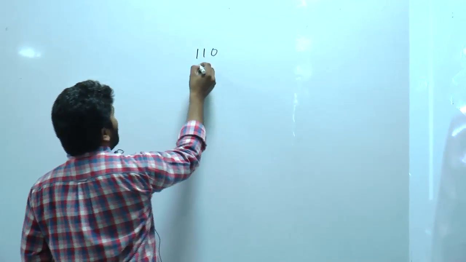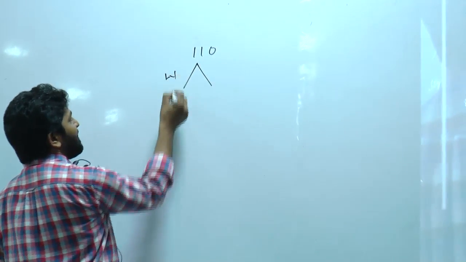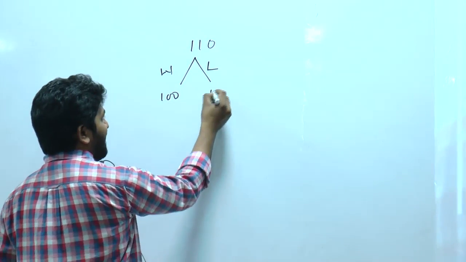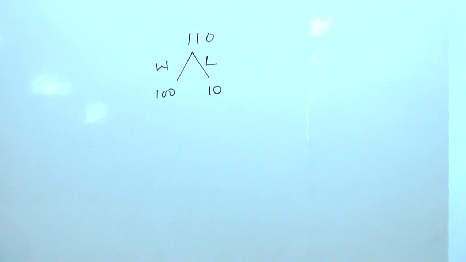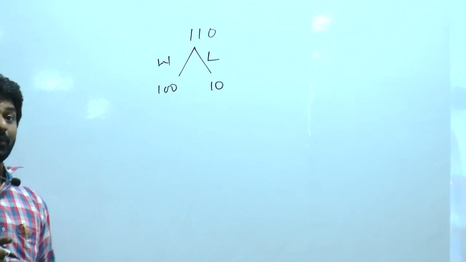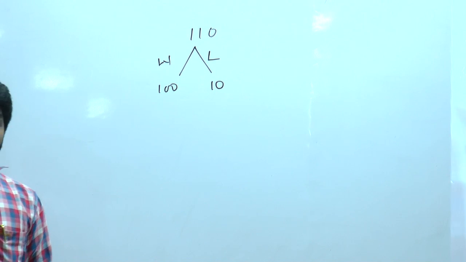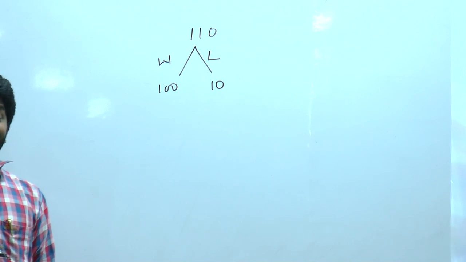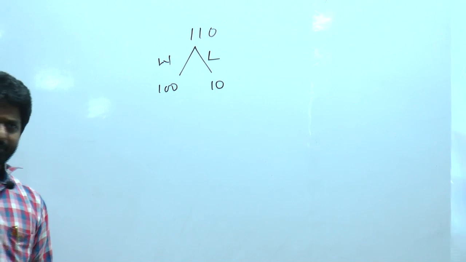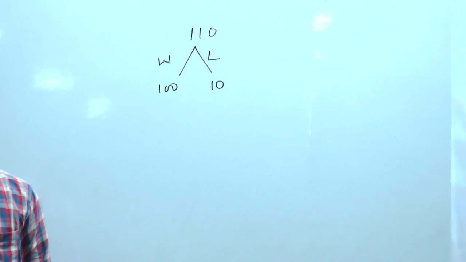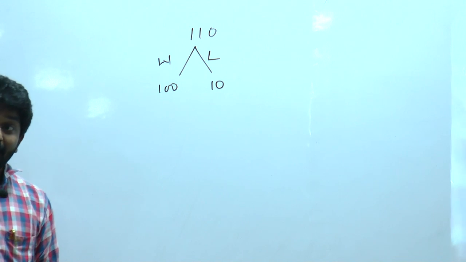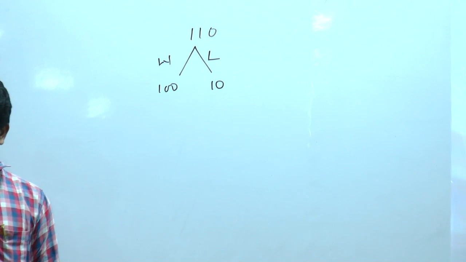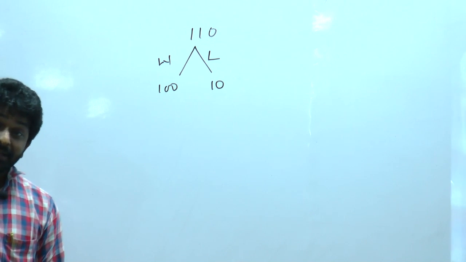So out of 110, water is 100 grams and lead is 10 grams. If you heat 1 kg of solution, it reduces to 0.4. In the sense, 100% becomes 40%. Yes or no? In the sense, if it reduces to 40%, it reduces by 60%.